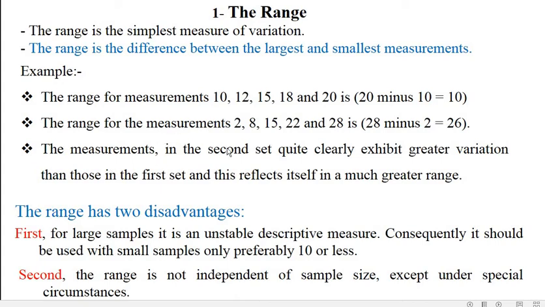The measurements 2, 8, 15, 22, and 28 clearly exhibit greater variation than those of the first set, and this reflects itself in a much greater range. If we have a greater range, it means we have greater variation.